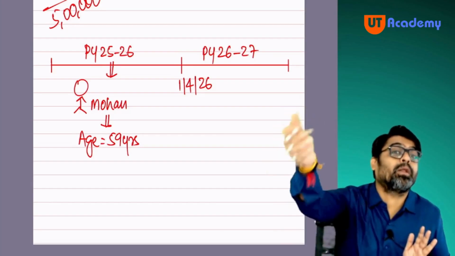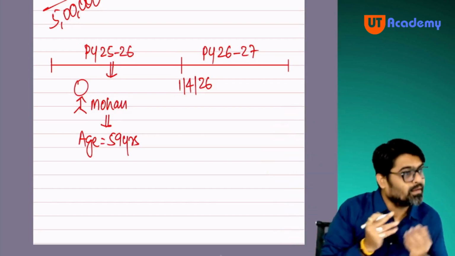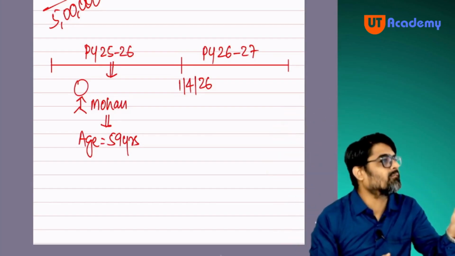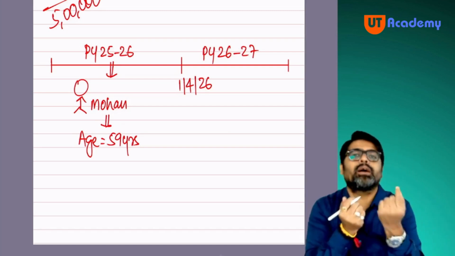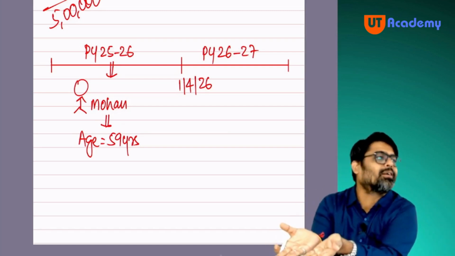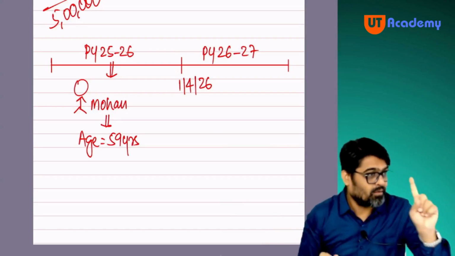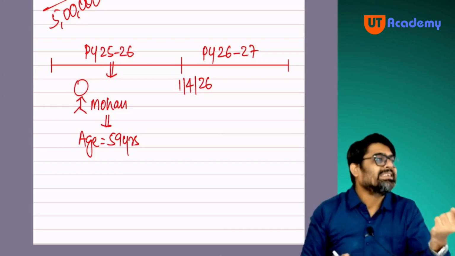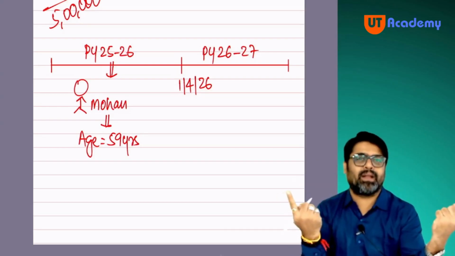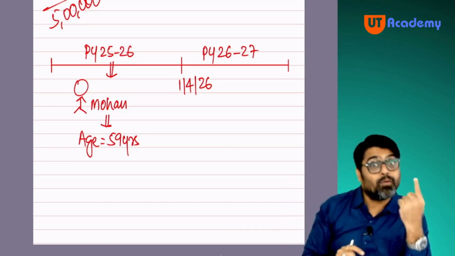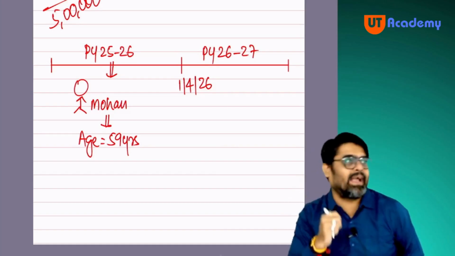On next 1st April or 31st March? 31st March. A year is 1st April to 31st March. If you say 1st April to 1st April, it is not 1 complete year, it is 1 complete year plus 1 day.